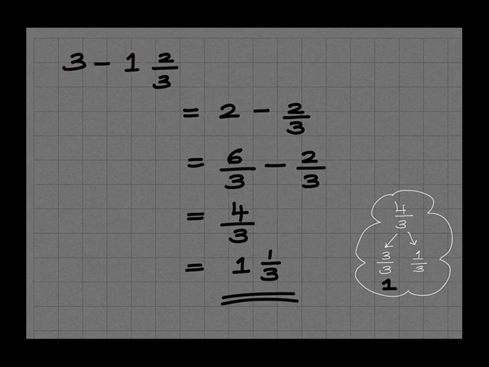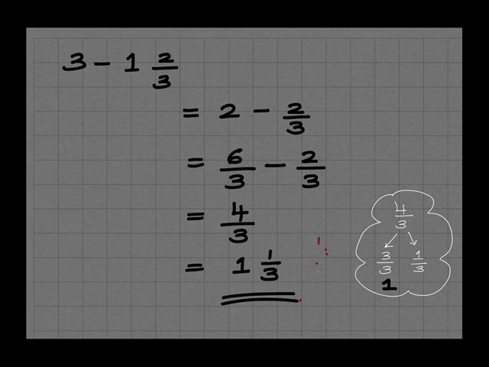After subtracting the whole numbers, let us write the fraction. The fraction 2/3 is there. Let us write the same fraction here. So now we have 2 minus 2/3.